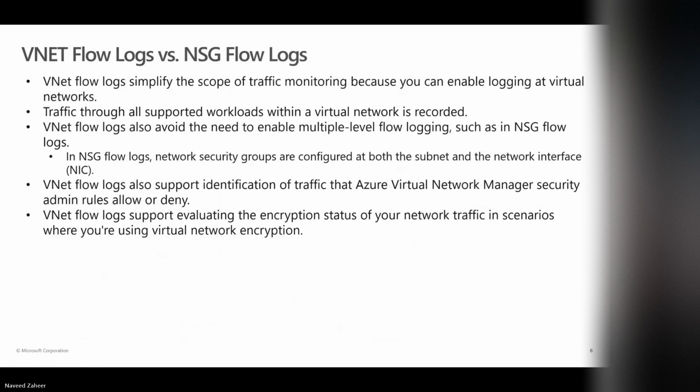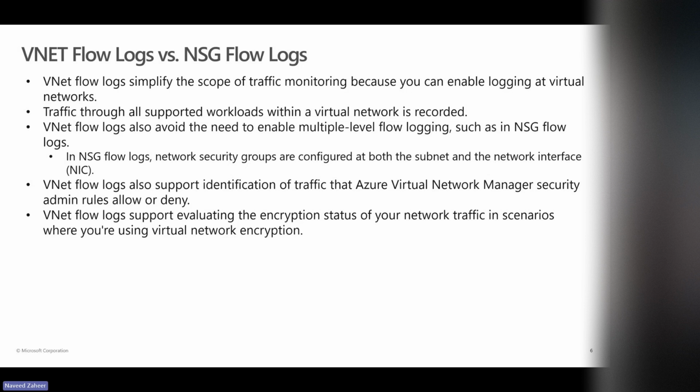Just a quick summary: what it is, why, and how they are different. NSG flow logs were tied to the NSG. In some cases where you have NSGs at multiple levels, let's say at the level of the VM as well as at the level of the NIC, or VNet, subnet, and NIC, then you have kind of two levels of logging.